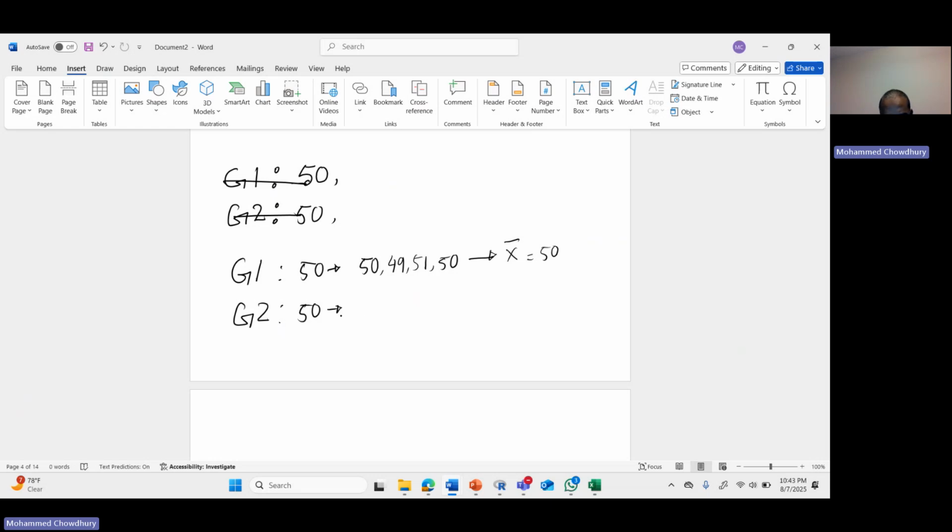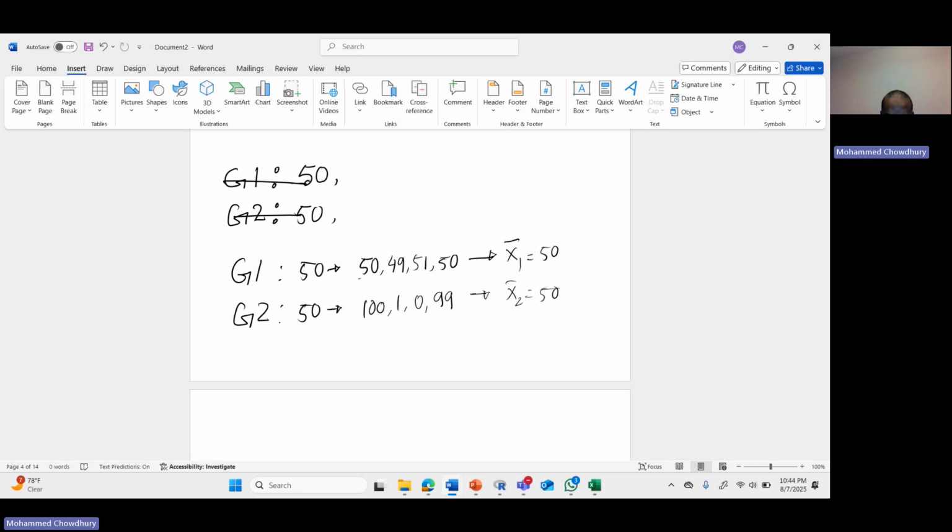Now if the numbers given are 100, 1, 0, 99, and you find the average for the second group, this is also 50. By looking at the individual data points for each group of size 4, you can say that the first group has consistent data, and the second group has extremely high values and extremely low values.